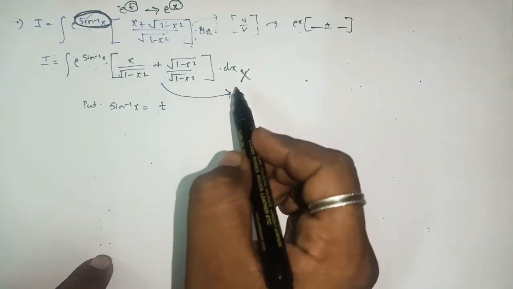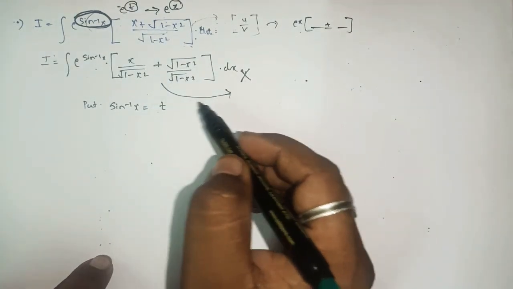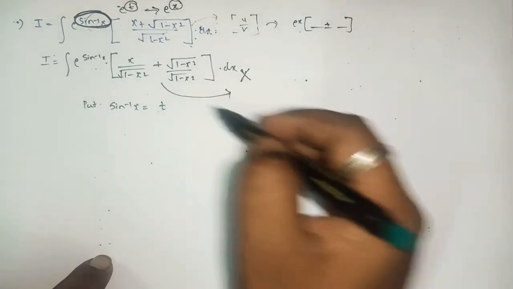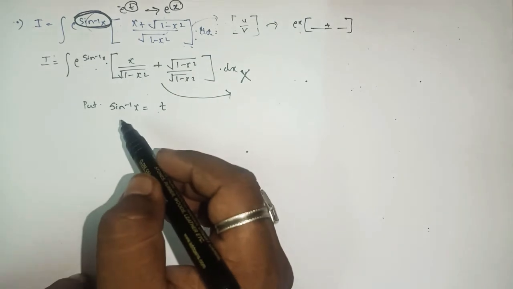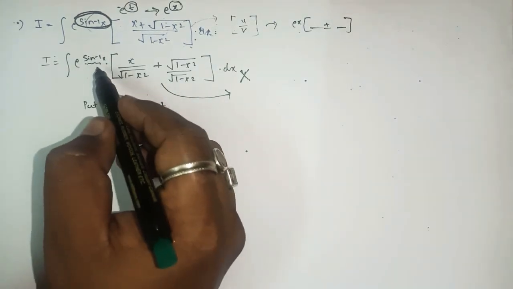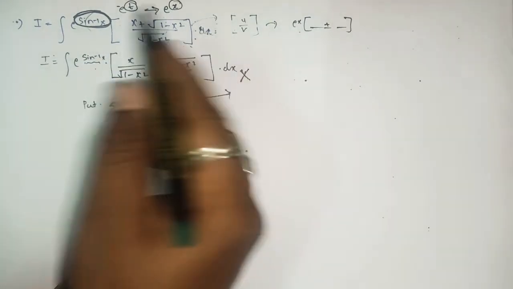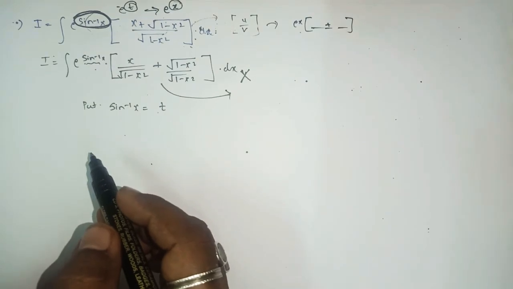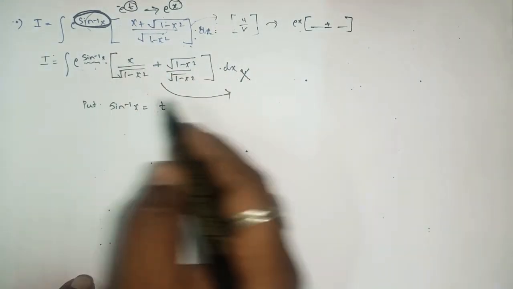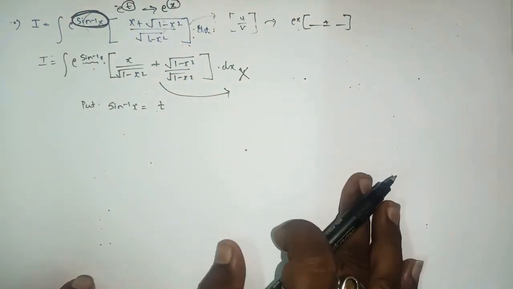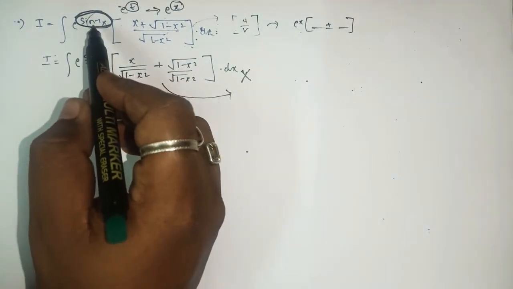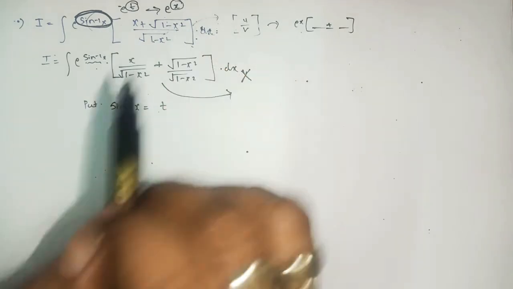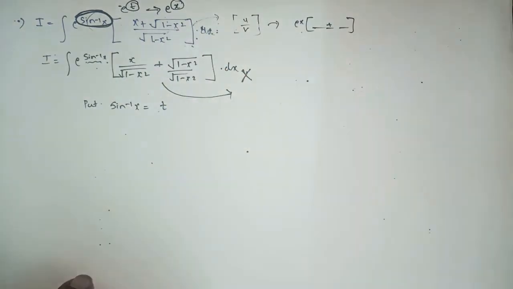But after separation, you will end up getting the wrong answer, because as this part will get cancelled, as I told, this section should be replaced by x or t. So this whole part will get converted into t only. So first step will be what? First we'll convert this whole section into t, and then we'll separate this denominator.